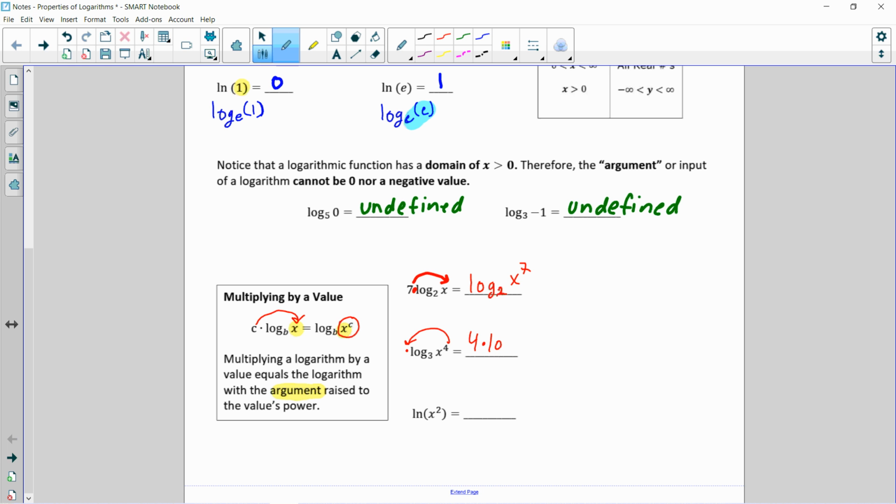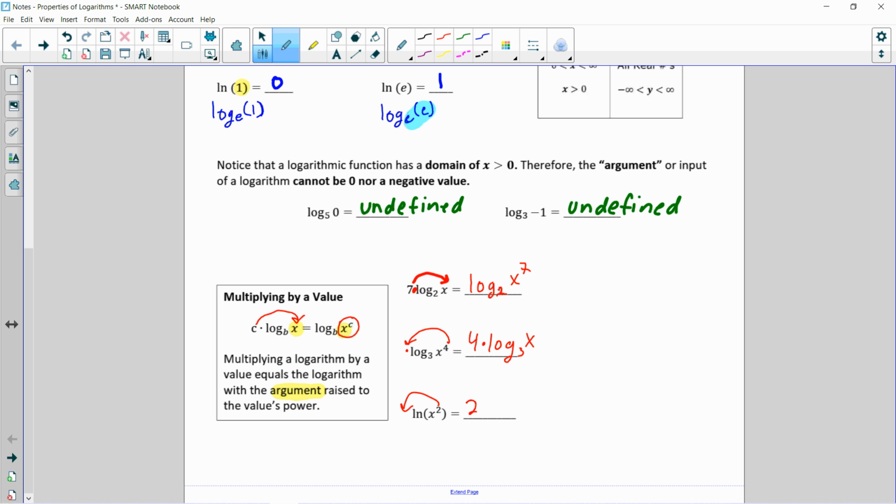Okay, in our last one, we can use that natural logarithm function as well.